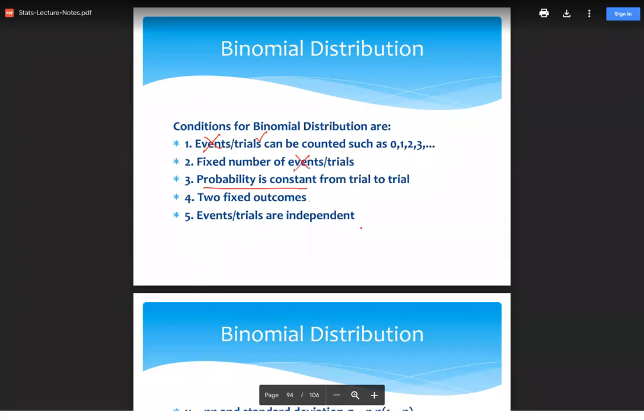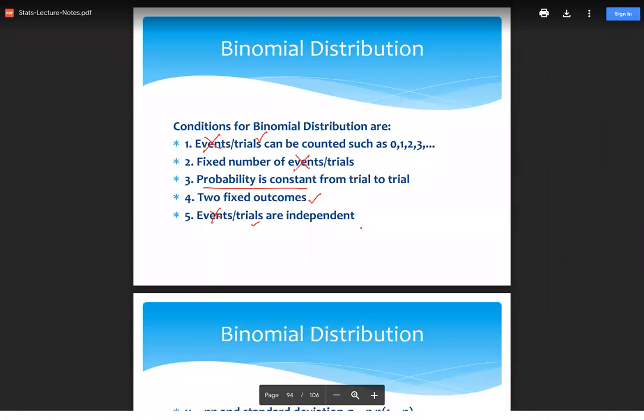And there are 2 possible outcomes, what we call a success and a failure. Okay, these are the 2 possible outcomes, and the trials are independent. That means one trial does not influence another trial. What happened in one case is not going to have any bearing on the next one, or the one after, or even the one before that.